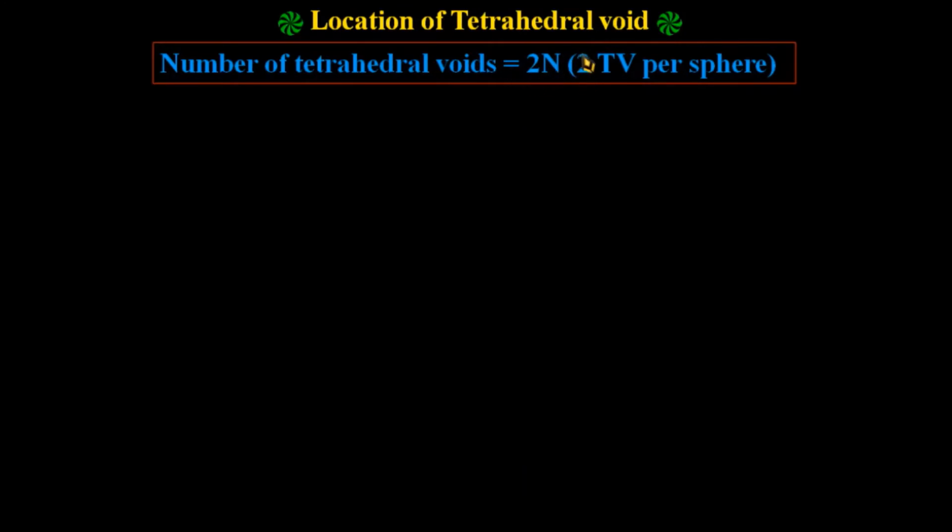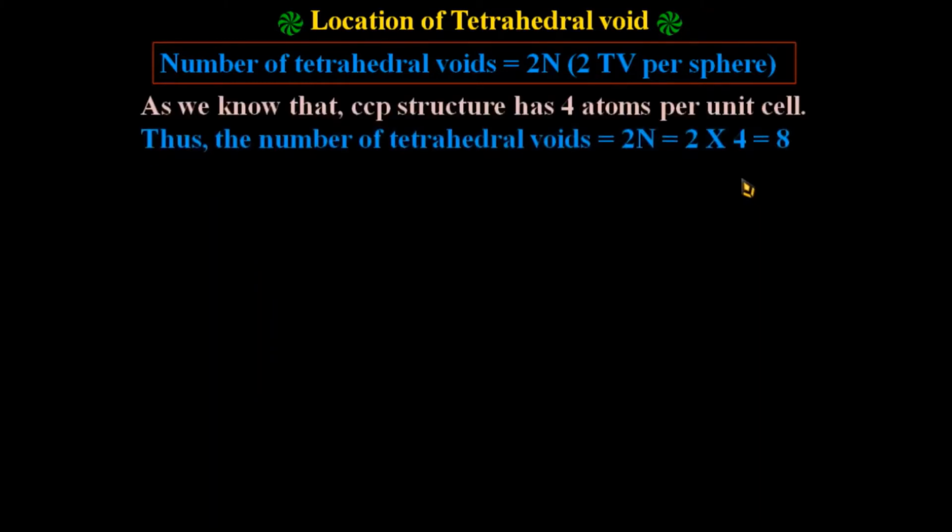In brackets, we write 2 TV, that means 2 tetrahedral voids per sphere. As we know, the CCP structure has 4 atoms per unit cell. Thus, the number of tetrahedral voids is 2n, meaning 2 into 4, that is equal to 8 tetrahedral voids.